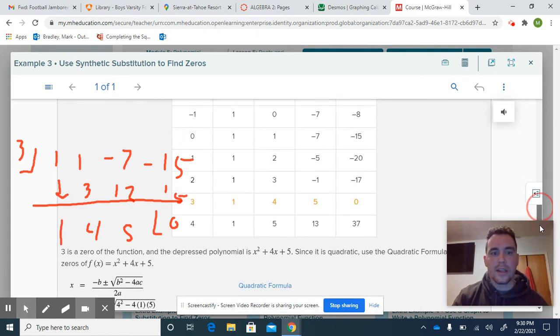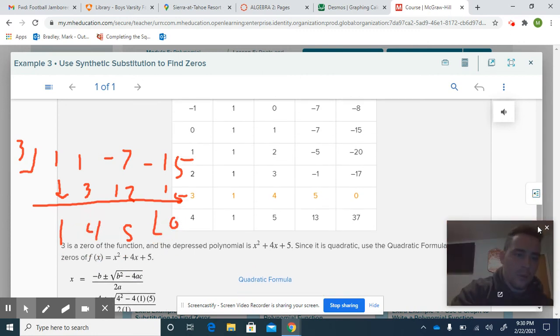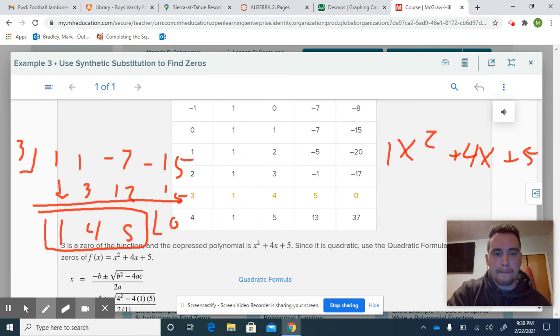So that's how they did that, and they did that with every single one. What you get down here is your remainder, or your depressed polynomial, which is going to be 1x squared plus 4x plus 5. And that's what they have right there.